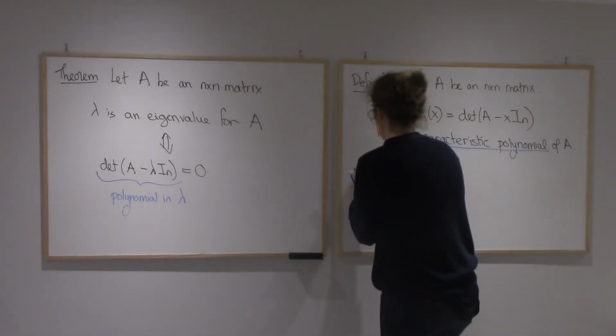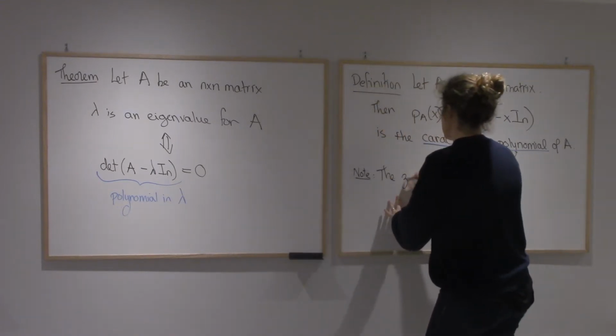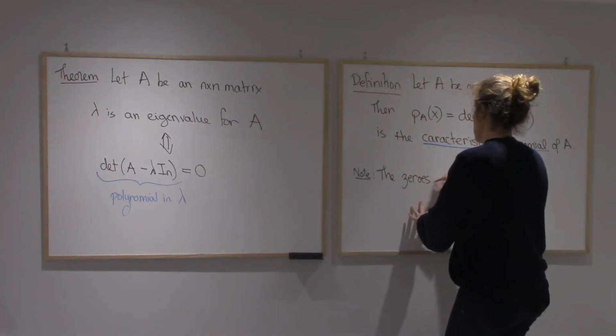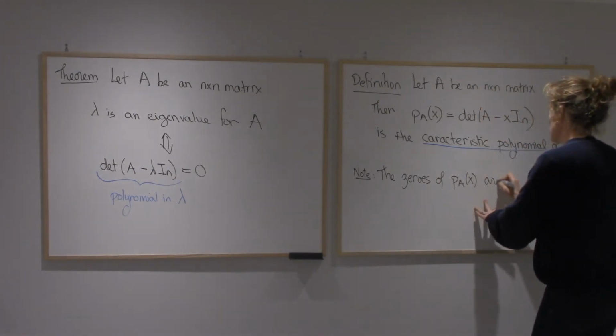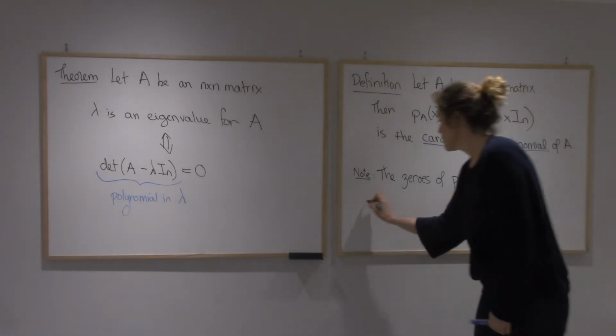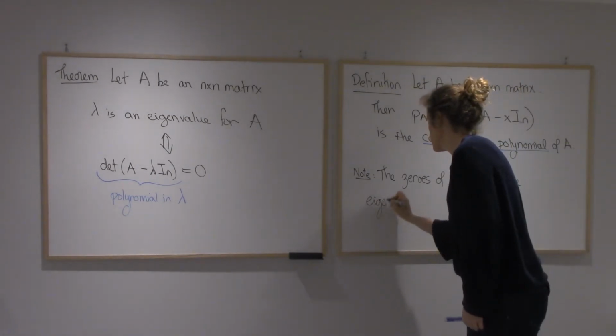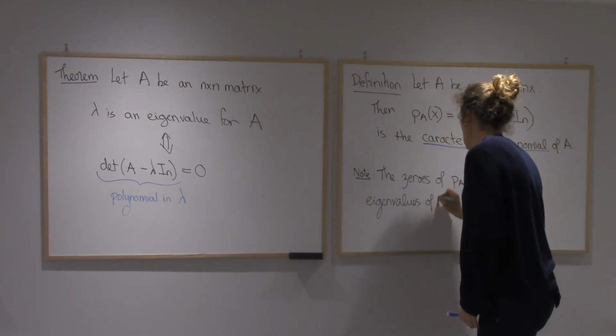So let's write it just to make sure we remember. The zeros of P_A(x) are the eigenvalues of A.